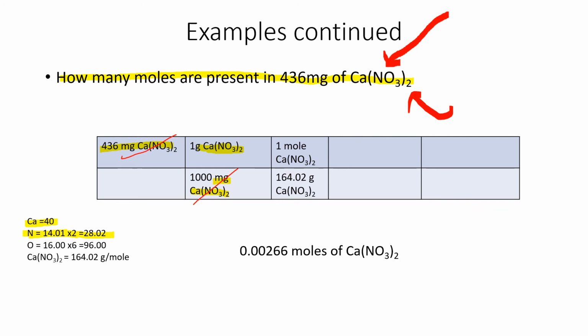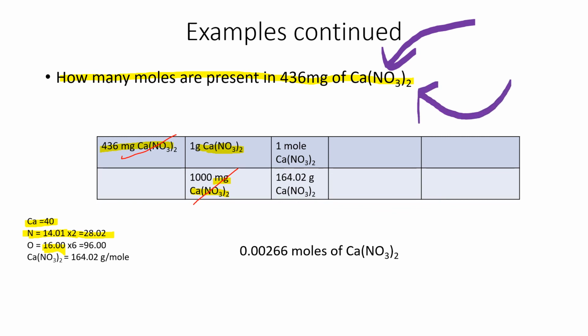Next, we would be looking at the oxygen. So oxygen on the periodic table has that average mass of 16. How many oxygens do we have? Well, if we go back to looking at our molecule, inside the parentheses, we have 3 oxygens. That means there's 3 oxygens per group.